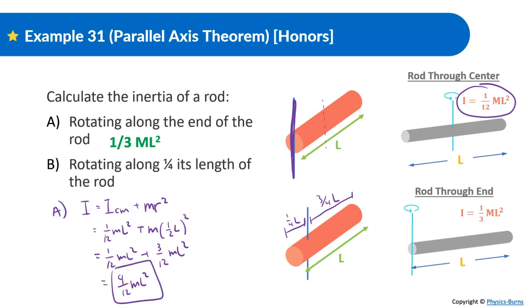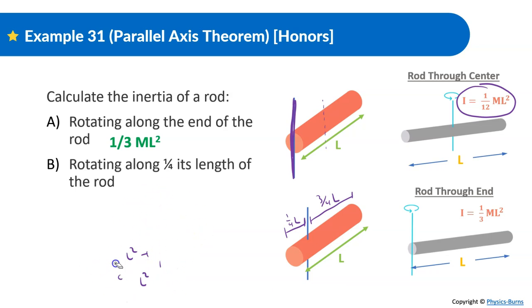That's for part A. Part B we're going to do a little bit differently. Let me erase everything. It asks, what is the inertia going to be rotating along 1/4 of the length of the rod? It's the same kind of process. Try it on your own if you feel like you can, and it always helps even if you can't. Plus mr squared.